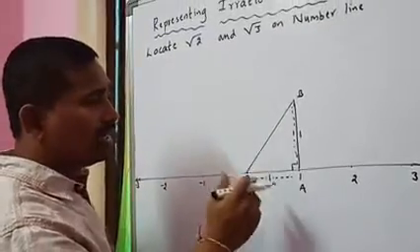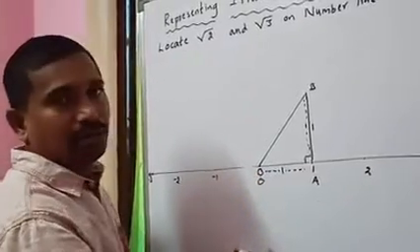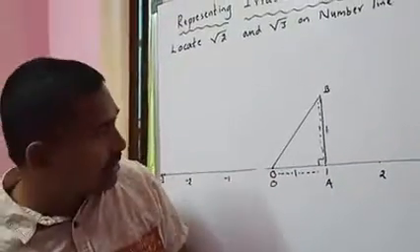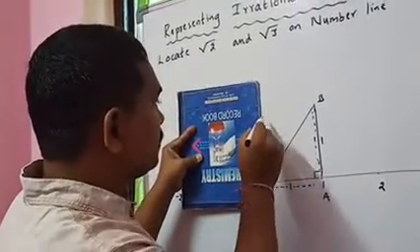Now you can take the square with OA as a base. You can take a square or a right angle triangle.